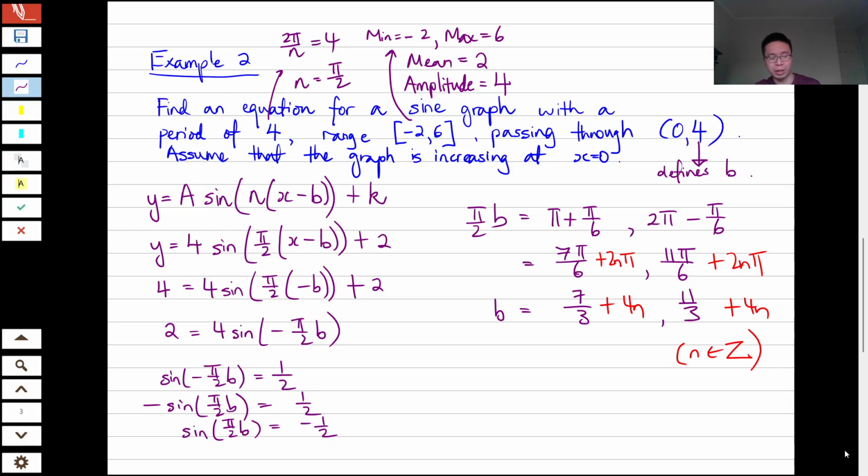It's not clear which one it is because we don't have a picture of the graph. So now we need to use this part here. Assume that the graph is increasing at x equals 0. So what's happening here? I think it's helpful to draw a picture.